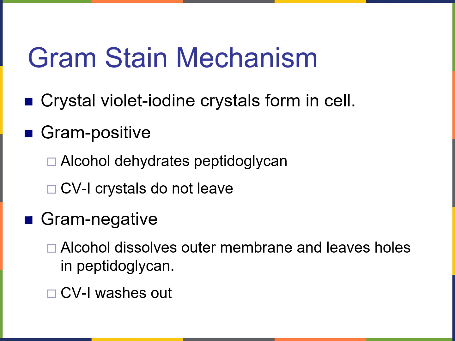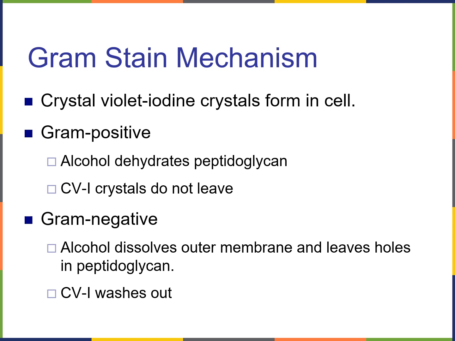Now if you look at the gram-positive cells, remember that they have the very thick layer of peptidoglycan. The third step of the gram stain is that you add your decolorizer, which is your alcohol. What the alcohol does when you add it to a gram-positive cell is it attempts to dehydrate the peptidoglycan, almost acting like shrink wrap.